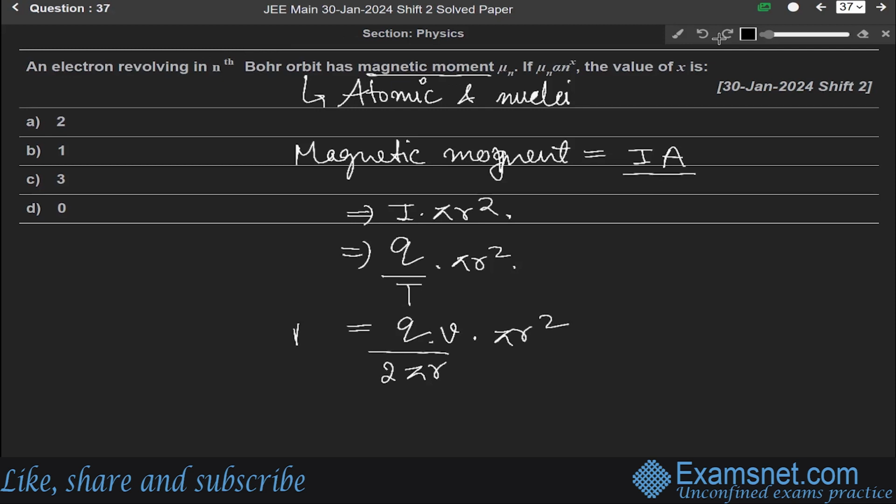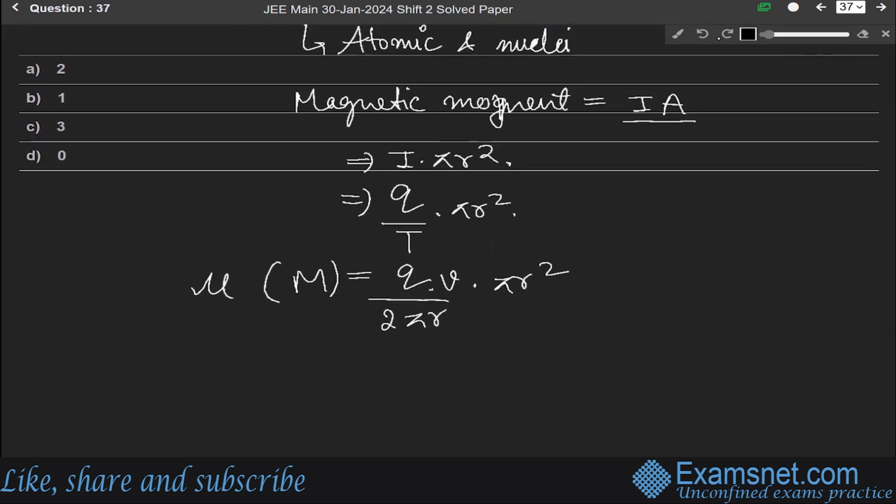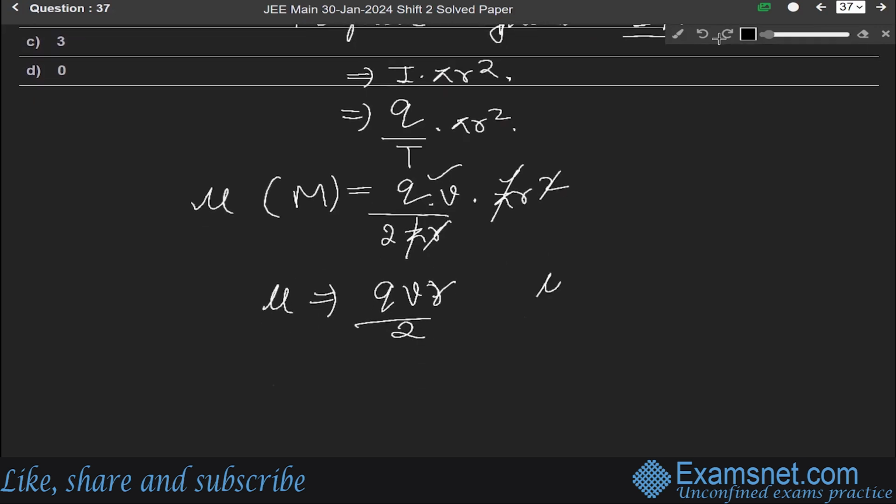So magnetic moment mu is equal to qv over 2 pi r into pi r square. So pi cancels out. So mu is equal to qv, and r cancels one power. So qvr over 2. So it is basically proportional to v into r.